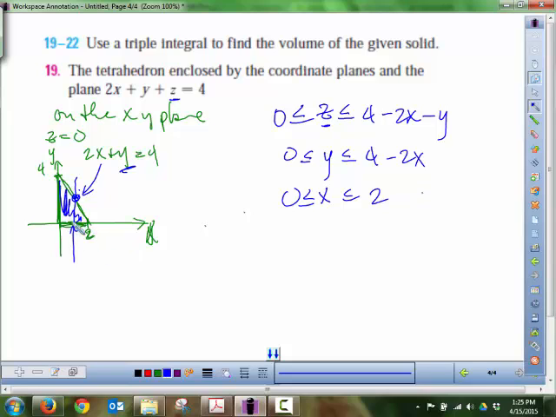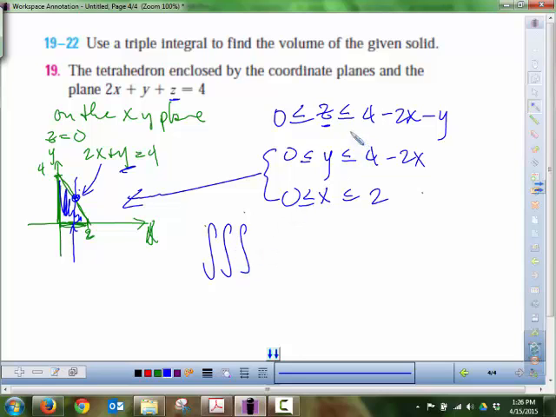So that's my 2-dimensional region, and I got those limits from my two-dimensional region by looking at my two-dimensional picture. All right, let's set up this triple integral. We're finding the volume, so our integrand is 1.